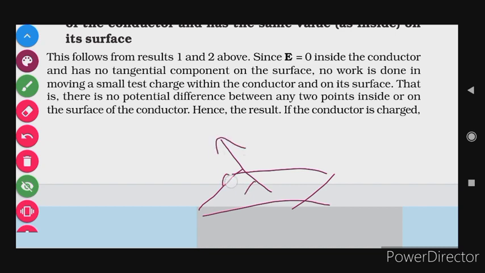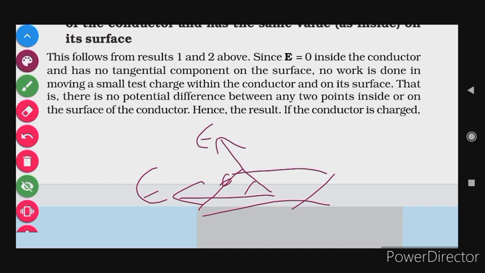We can resolve this electric field into two components. One component will be along the horizontal plane of the conductor, and this horizontal component of the electric field will exert force on the free electrons.